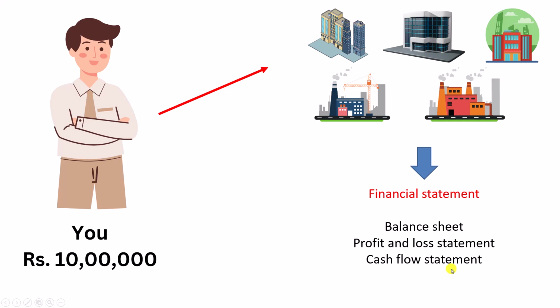Now, this understanding will help you to decide whether to invest in the company or not. And doing all these things, reading all these statements, doing analysis is called fundamental analysis. And that is what we will be learning in our video series.